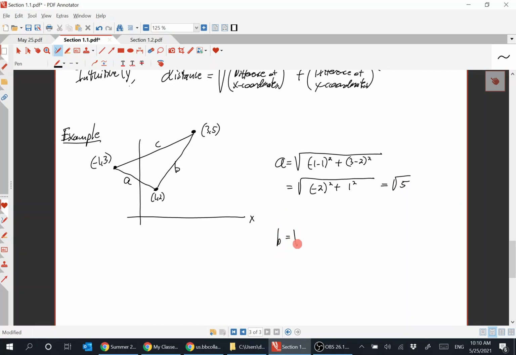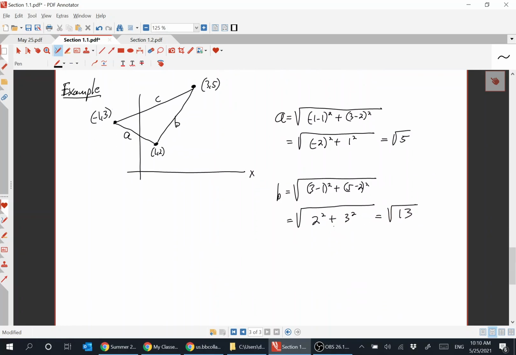The distance B. Okay, the distance B, the difference in the x coordinates, so 3 minus 1 squared plus the difference in the y coordinates, 5 minus 2 squared, is equal to, so this is 2 squared plus 3 squared. So 4 plus 9 is square root 13. And the distance C, the difference in the x coordinates.